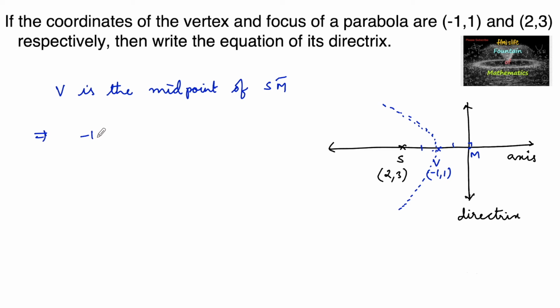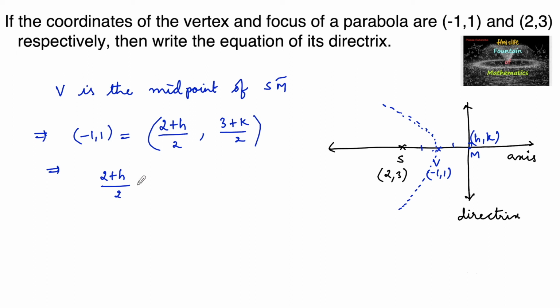So minus 1 comma 1 is equal to, let H comma K be the point M, 2 plus H upon 2 comma 3 plus K upon 2. So 2 plus H upon 2 is equal to minus 1, which implies 2 plus H is equal to negative 2, so H is equal to negative 4.